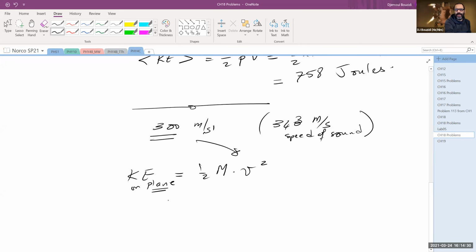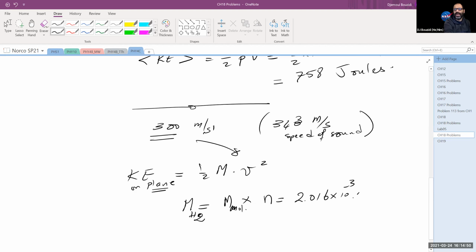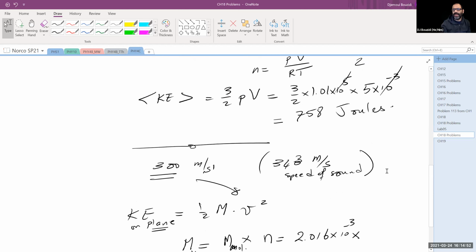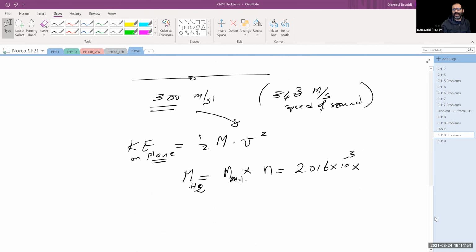So the mass then of this hydrogen gas, that is H2, is going to be the molar mass times the number of moles. And the molar mass is 2.016 times 10 to the negative 3, that is converted to kilograms, times n. n, we found it to be PV over RT.